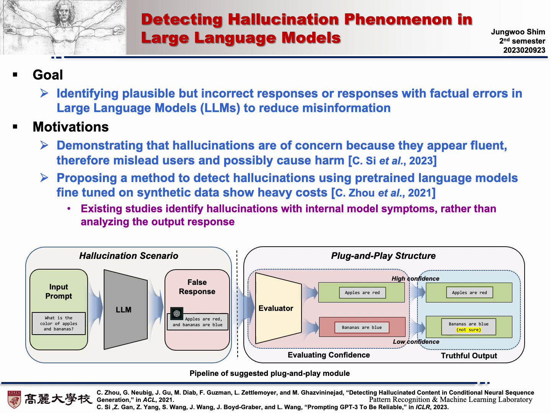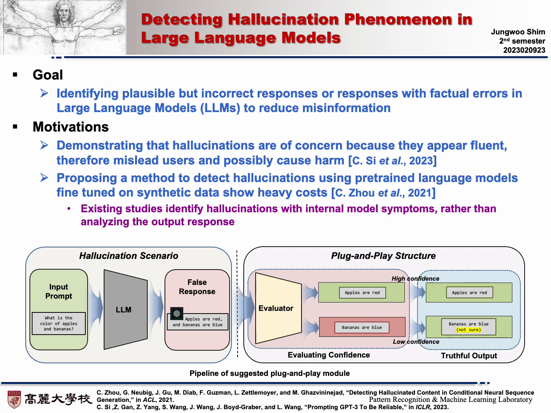And interestingly, while most studies focus on identifying hallucinations by looking at the output response, my approach is slightly different, where we aim to delve deeper into the internal model symptoms. To give you a visual understanding, consider this scenario where we feed the LLM with a prompt about the colors of apples and bananas. A hallucinating model might assert that apples are red and bananas are blue, a clearly false response.